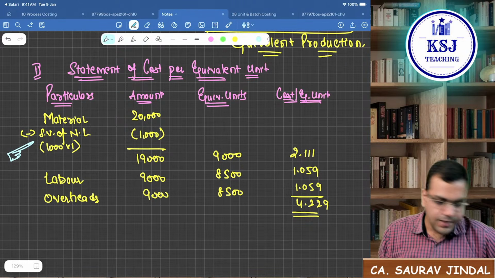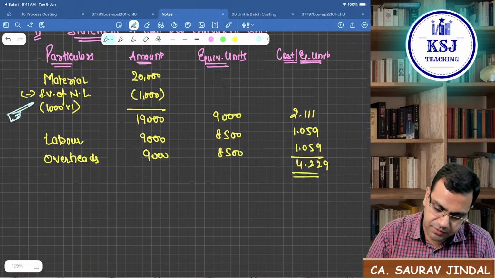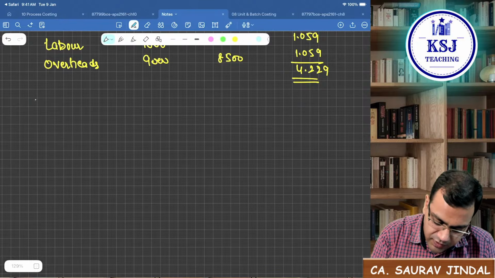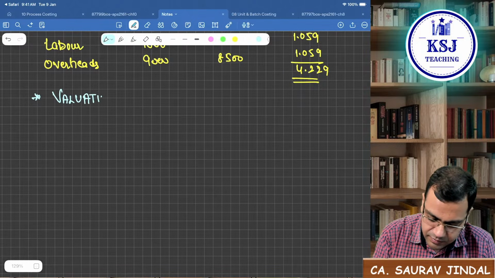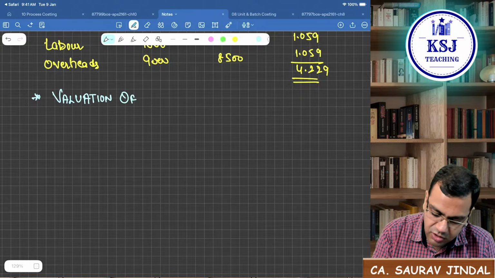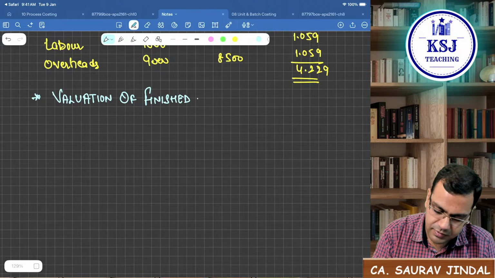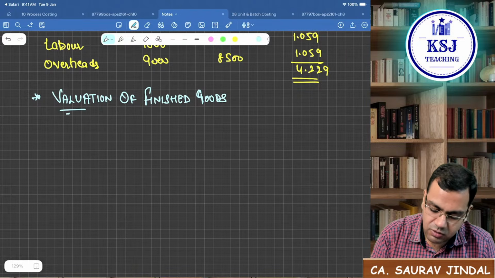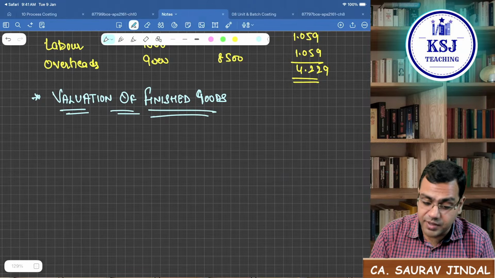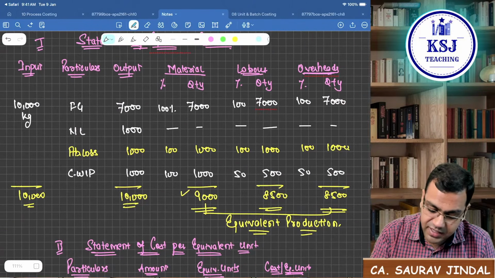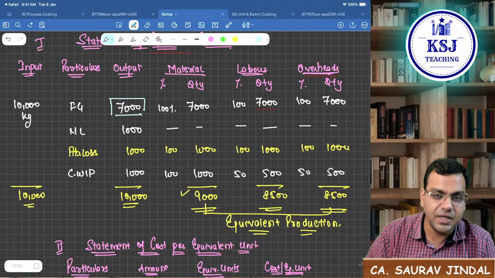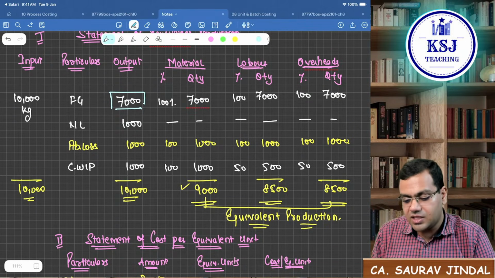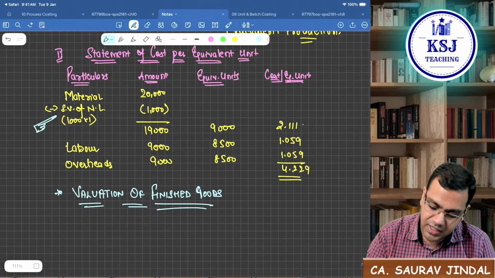Okay. Now we'll do the valuation of finished goods. Now, how many finished goods have you prepared? If you see the statement, there are 7,000 finished goods which are prepared. On these 7,000 units, is the material cost incurred? Yes, sir.